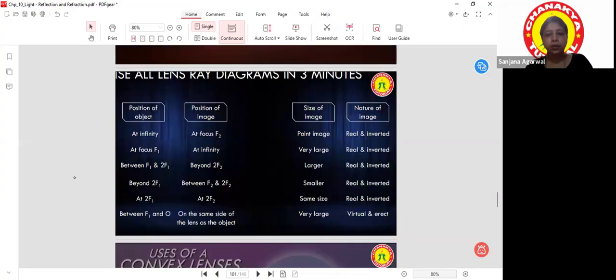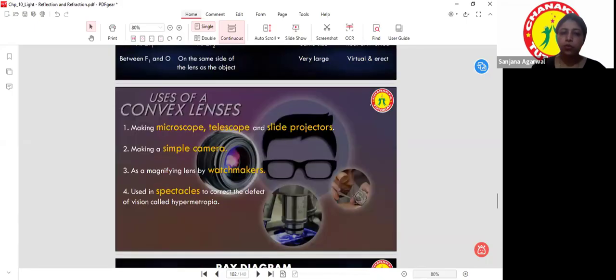Now children, you can again quickly have a glance over all the cases of convex lens: where the object is placed, what is the location of the image, the size of the image, and the nature of the image. What are the uses of convex lens, children?